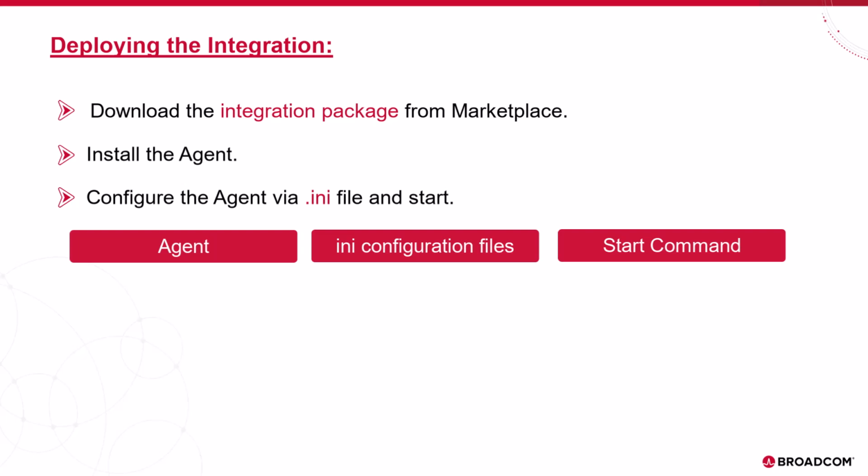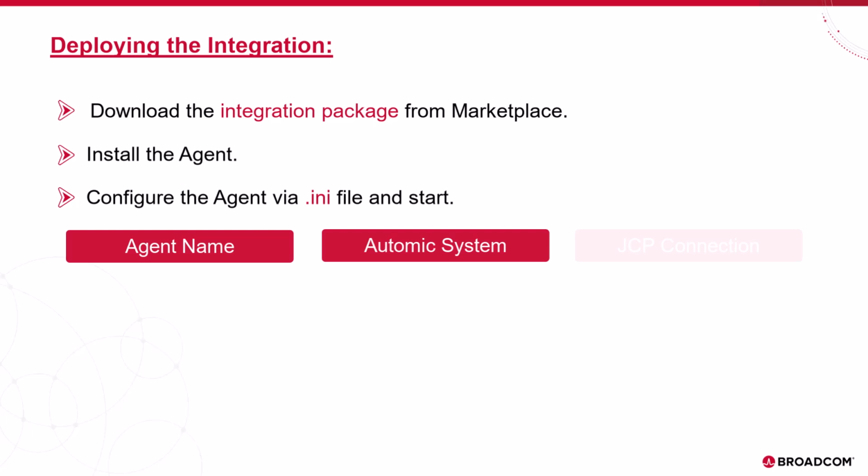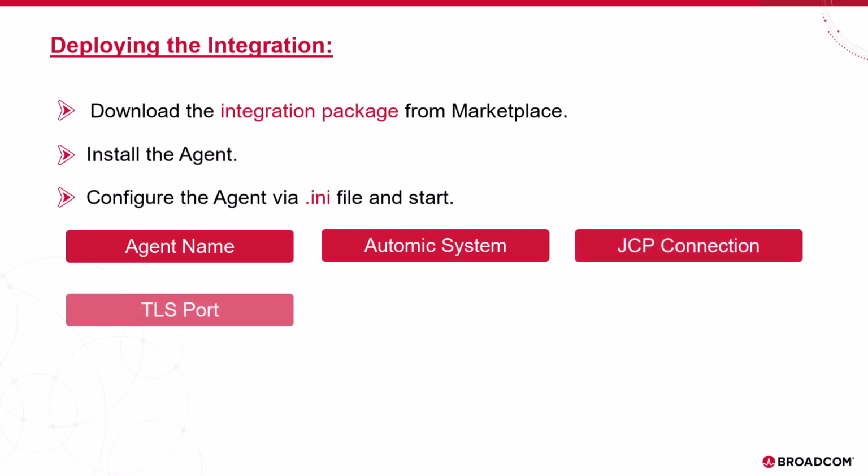We use the appropriate INI file for our specific platform. Azure Functions is a standard Automic agent. It requires at least 4 values to be updated: agent name, Automic system, JCP connection, and TLS port, and finally TLS certificate. When the agent is configured, we start it.